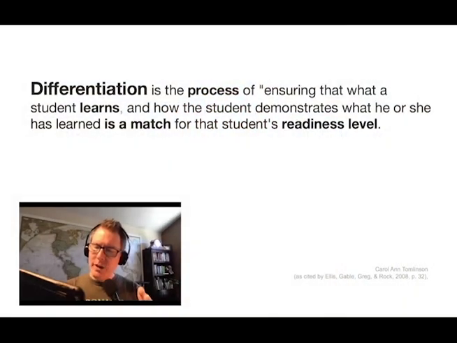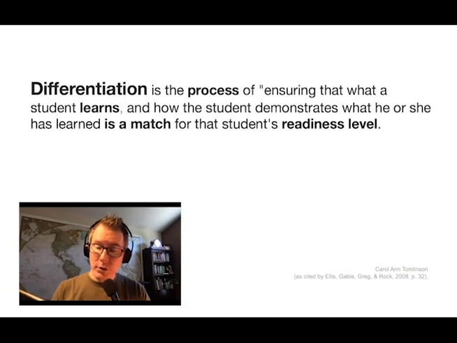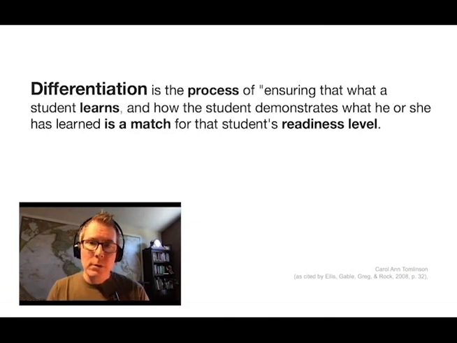So before we go any farther, let's define differentiation, because it's a word that can mean a lot of things to a lot of different people. So I want to have a common definition that we can work from in this video. We're going to say differentiation is the process of ensuring that what a student learns and how a student demonstrates what he or she learned is a match for that student's readiness level.